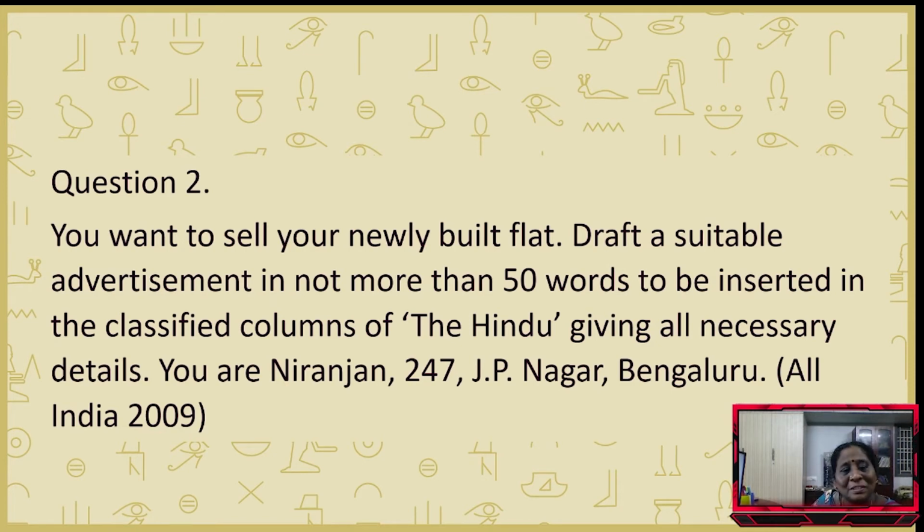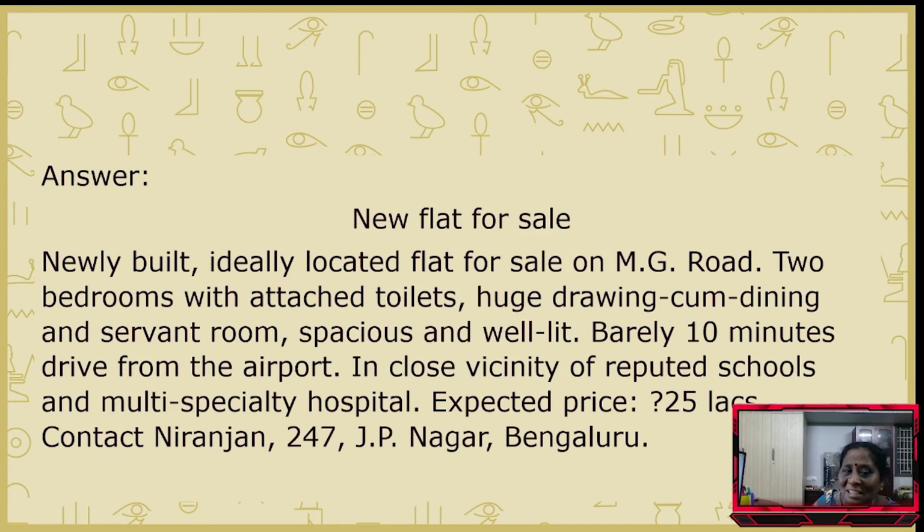Now, the first one is you are going to sell a flat. You can say new flat for sale or a flat for sale. Then you start newly built, ideally located flat for sale on empty road. 2 bedrooms with attached toilets, huge drawing room, dining, and a servant room, spacious and well lit.